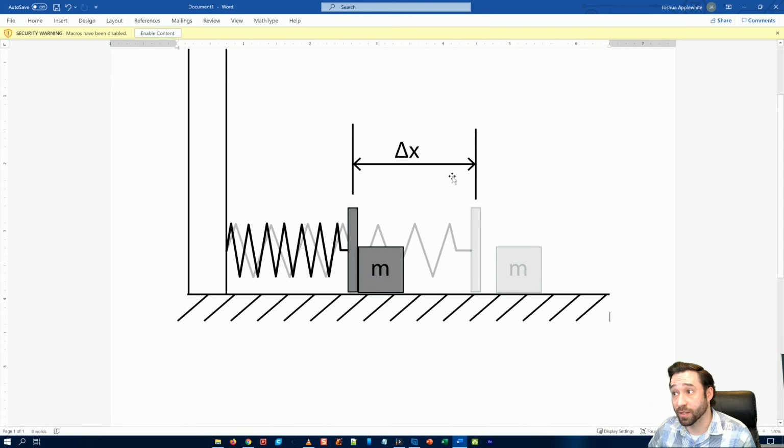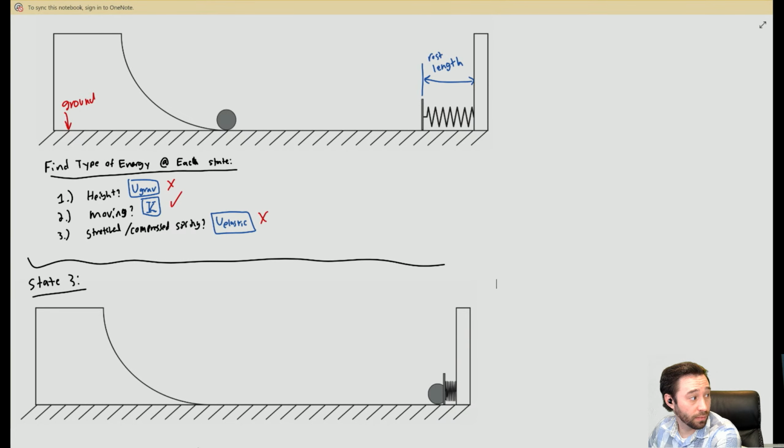So going from this line all the way to this wall, this grayed out spring, that's the rest length. And then this would be the compressed length of the spring. So if I switch back to over here. All right.